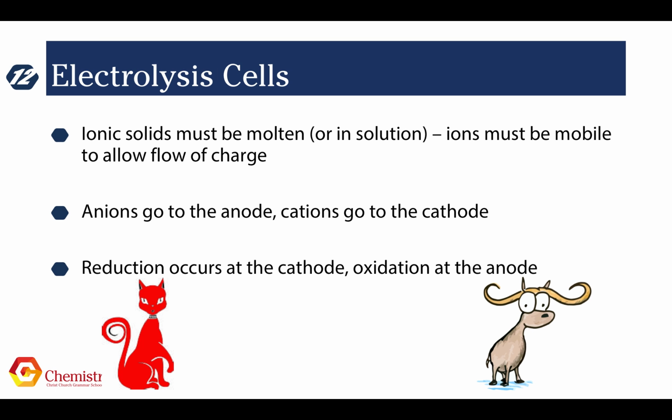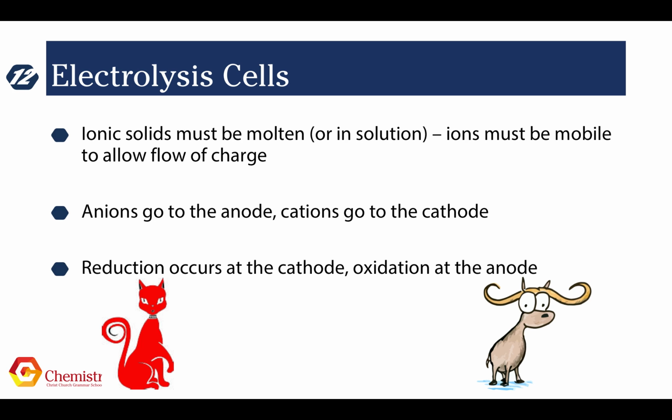So, in summary, the ionic solids have to be molten, or they can be in an aqueous solution, and this allows the ions to be able to move, and it allows the flow of charge actually in the cell. The anions go to the anode, the cations go to the cathode.